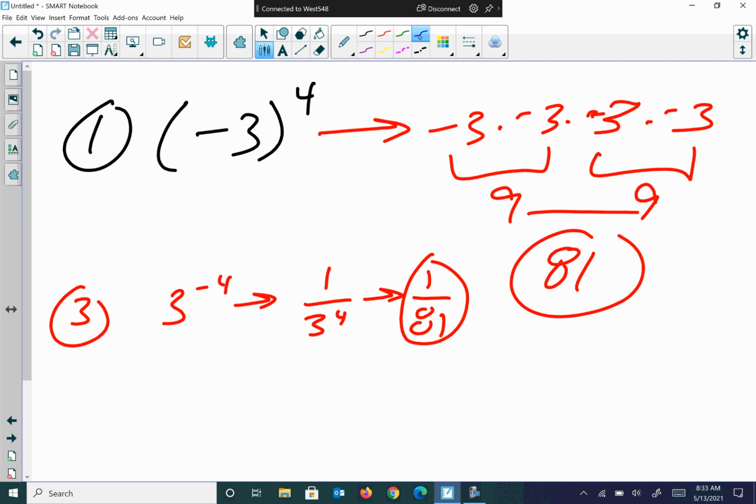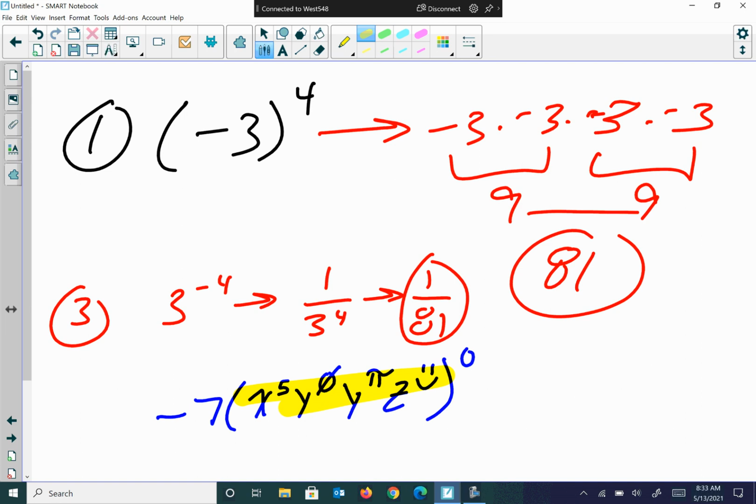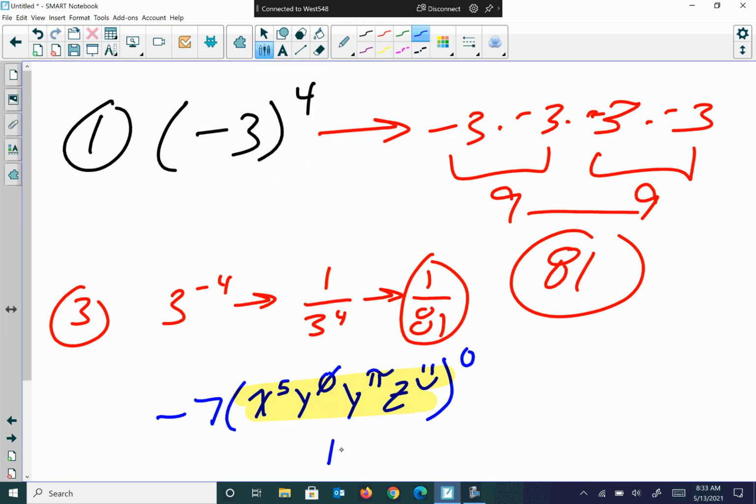Hey, here's a what if I had this as a problem? What do you think? Not a smiley face? It is. This one. Okay, what part? So this part, negative 7, this part becomes 1. So that becomes 1, and then I go negative 7 times 1, which gives me negative 7.